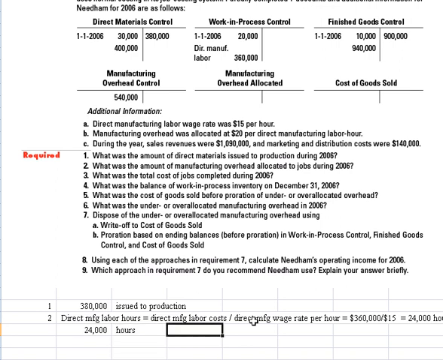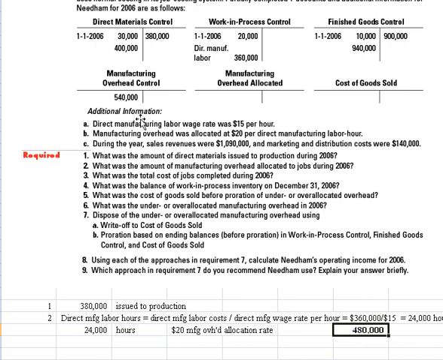And then I'm going to multiply that times the $20 manufacturing overhead allocation rate. And then to answer number 2, we can simply multiply the 24,000 times that $20. I'm just going to enter the $20 since I didn't put it in a cell. And we come up with manufacturing overhead allocated of 480,000.